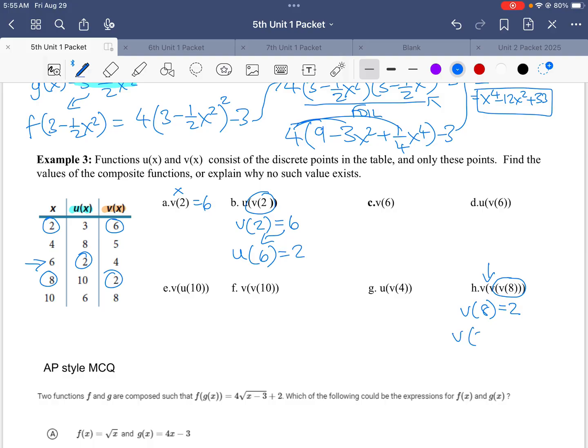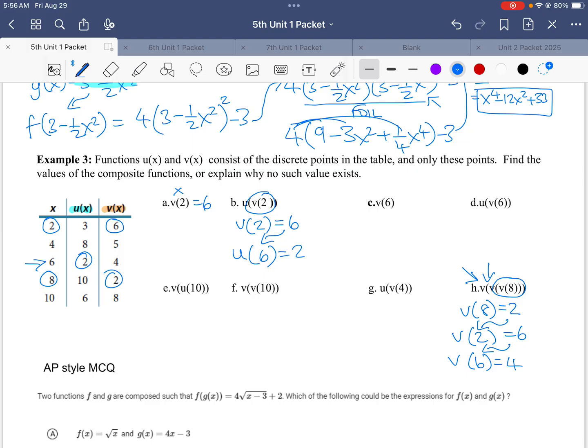So I need to do v of 2, put your answer in here. v of 2, we've already found that already, it is 6. And then we're finally going to do the last function. Again, it's v, and we put our answer in here. v of 6 is 4. All right, so our final answer is 4.